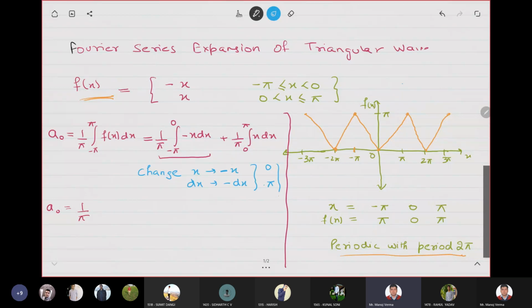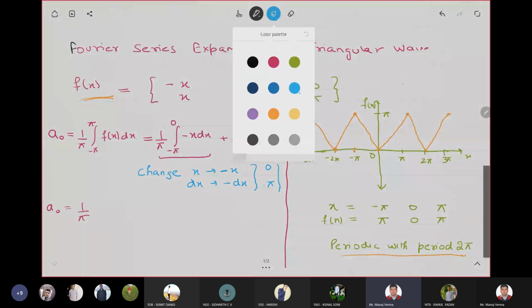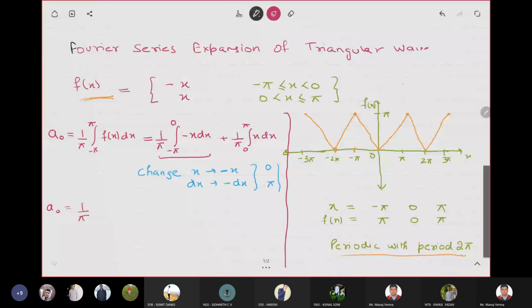So this first integral will become 1 over pi from pi to 0. Now minus into minus x will be plus x, and minus dx.